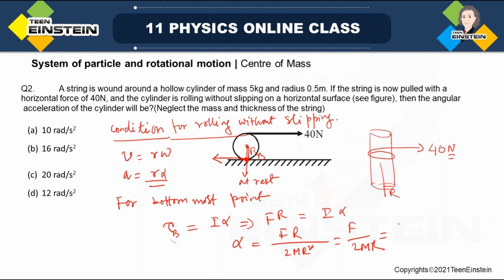F is equal to 40 Newton. Okay, 2 mass is 5 kg and this is 0.5. Okay, so this will give you this 10, 5 and 5 goes off.